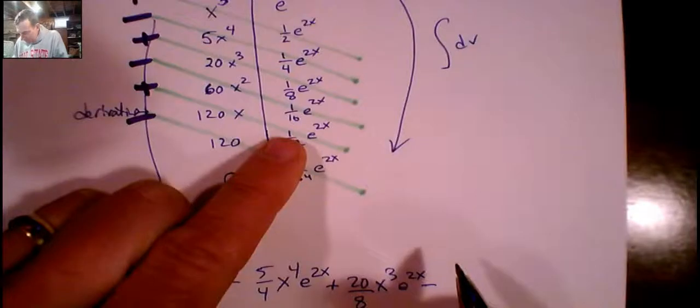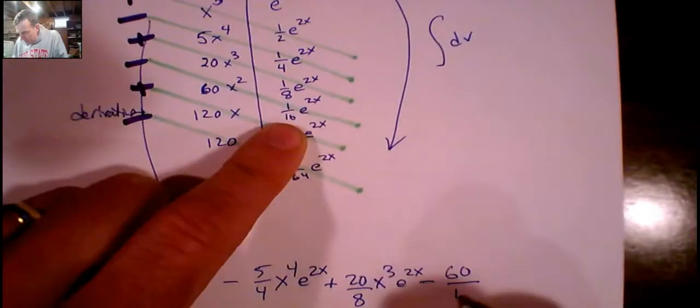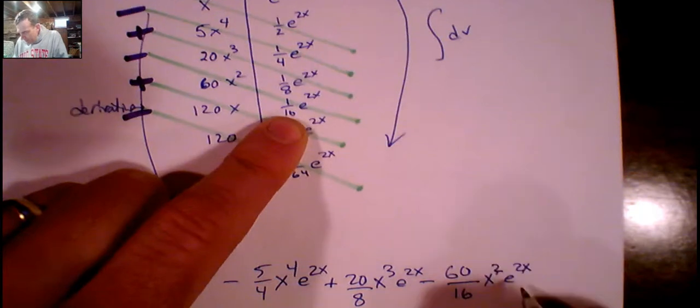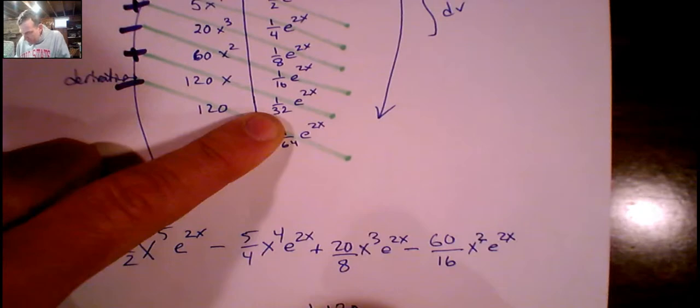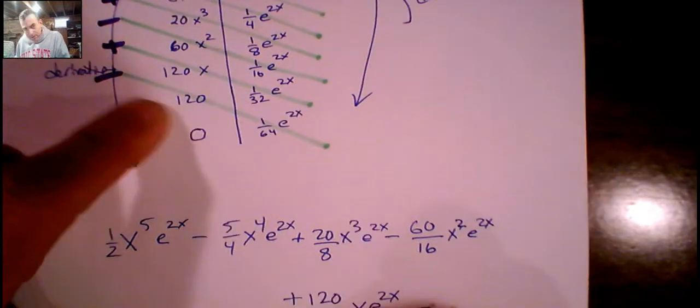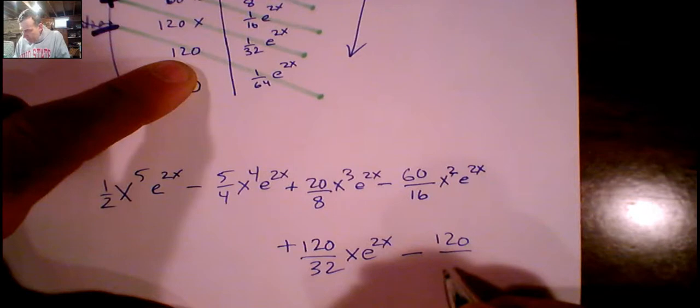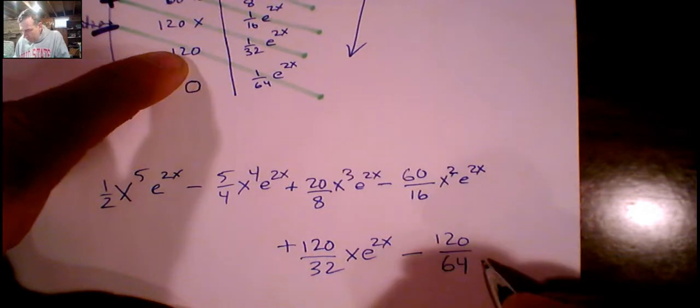So it's 60 over 16, x squared, e to the 2x, new line, plus 120 over 32, x e to the 2x, minus now 120 over 64, and there's no x there, it's just e to the 2x.